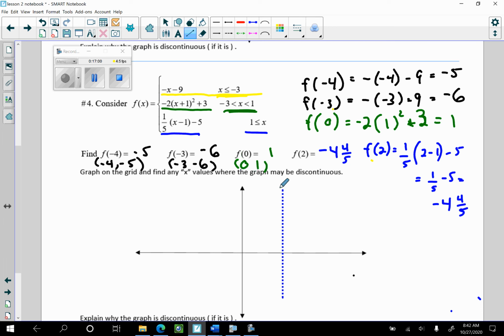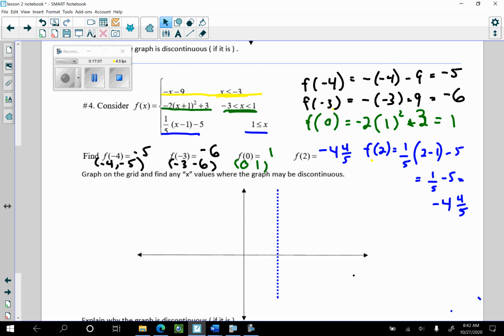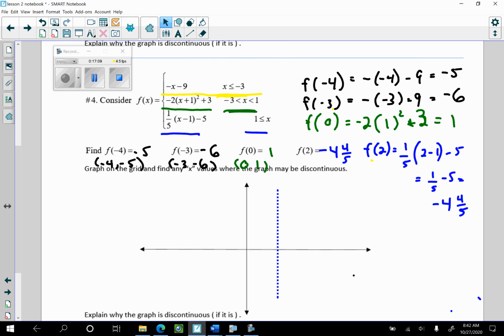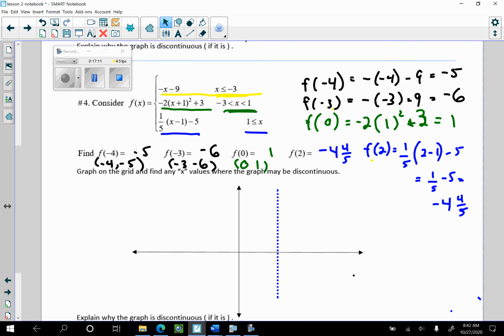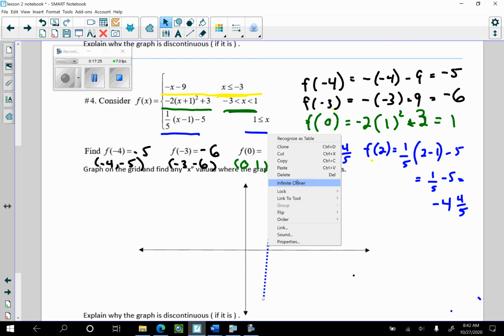So I'm going to grab that and move it over to about 1. Man, it's hard to grab those lines.